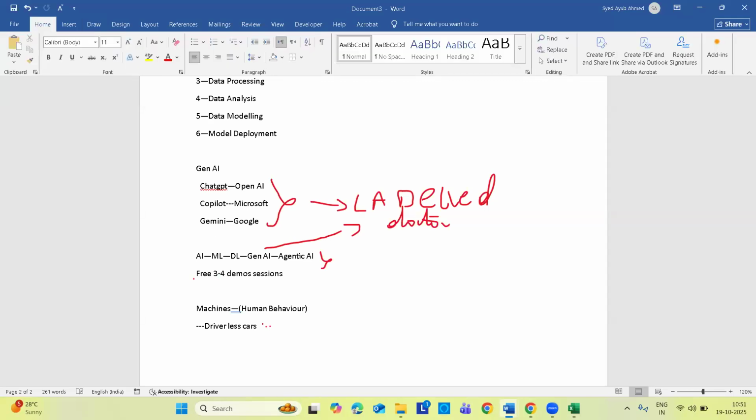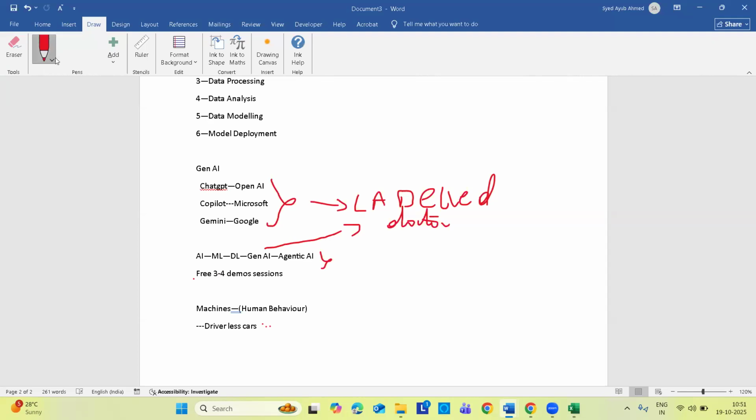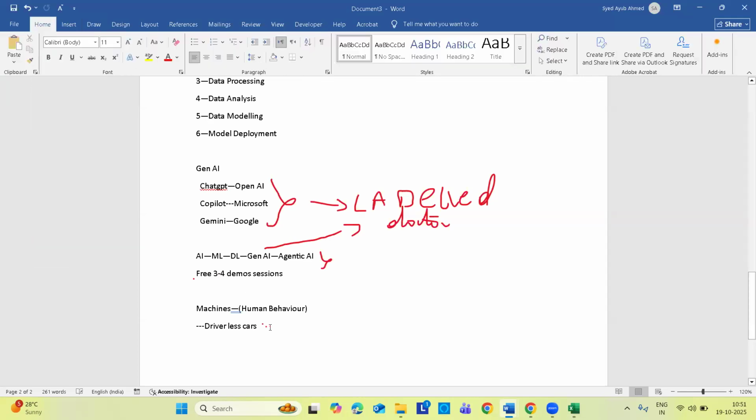For example, nowadays you are seeing humans driving the cars and all, right? But in certain parts of the world, there is a driverless car option as well.